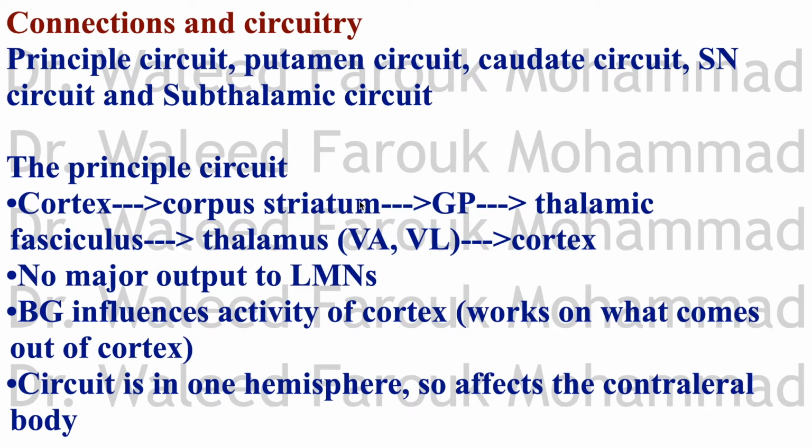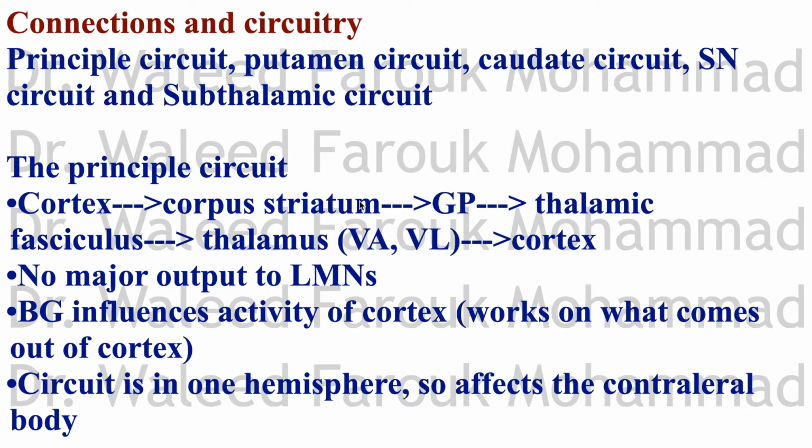Now, connections and circuitry of the basal ganglia. You have the principal circuit, upon which all other circuits follow the pattern. There is a putamen circuit, the caudate circuit, a substantia nigra circuit, and the subthalamic circuit.